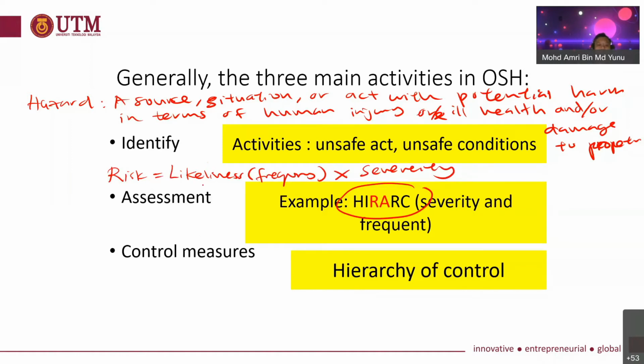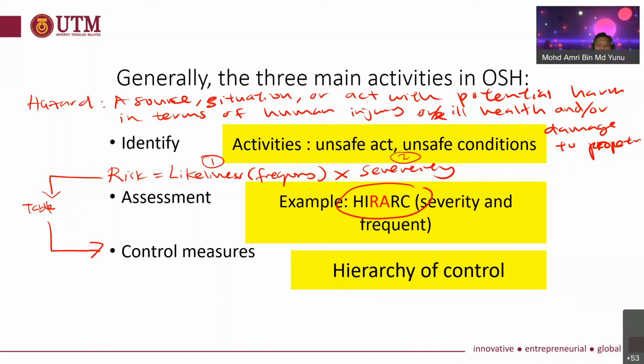So each parameter here, likeliness and severity, has its own scale where we come out with the qualitative value of the risk, and then we use a table to classify the level of risk and choose the proper control measure.